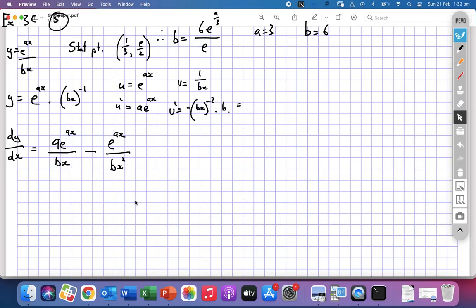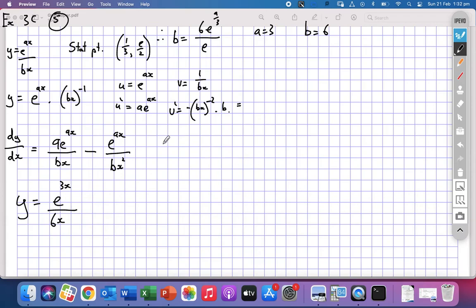So how are you going to state the nature? I mean, you could just sketch the graph. Here's the function now, y equals e to the 3x on 6x. You could go to your calculator, graph it, look for x is a third and see is it a max or a min or a point of inflection. So you can do it by graphing or you can do it with a sign diagram.